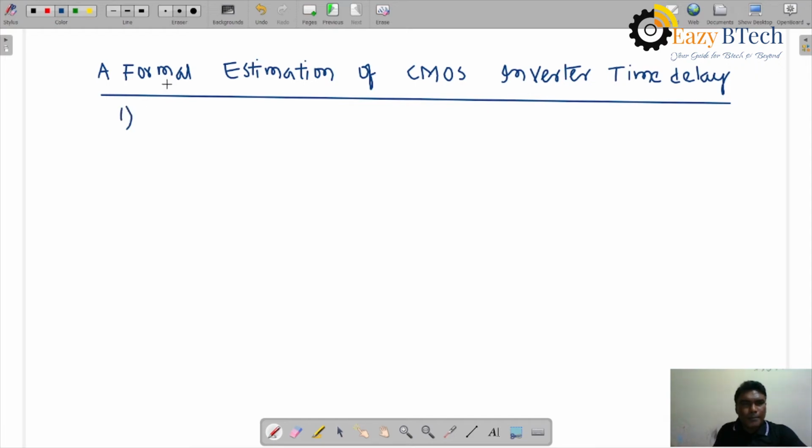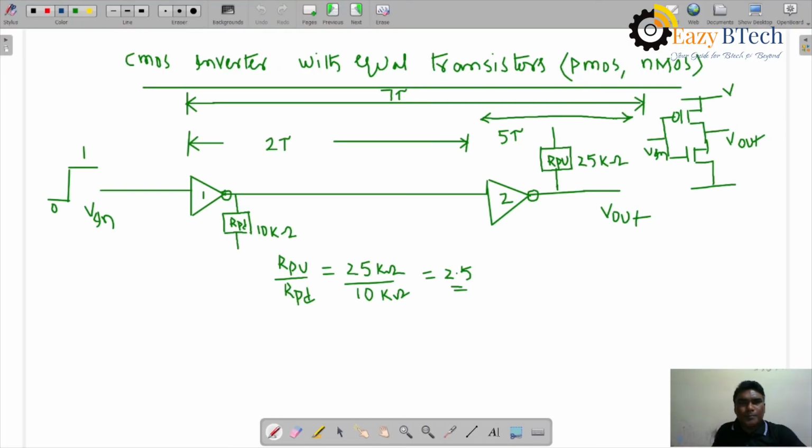First one is rise time estimation. So basic CMOS inverter, right? It is inverter to inverter, the cascading connection of inverter to inverter with CMOS.